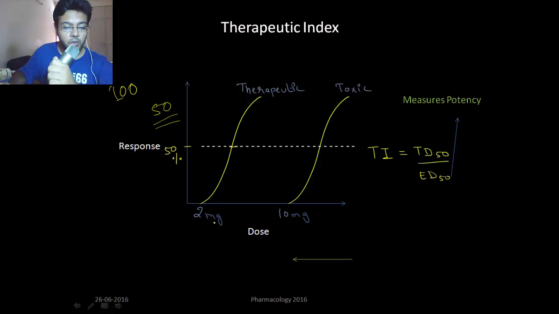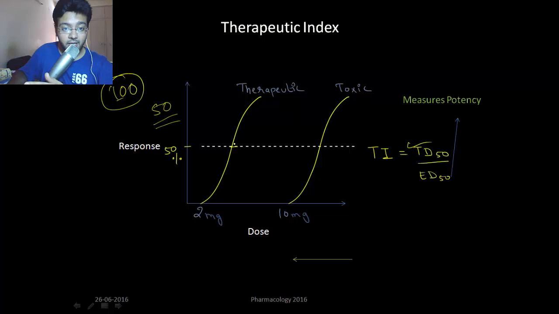That means at 2 mg, 50% of the population has developed a therapeutic effect. Now once you give 10 milligrams to each of these patients, 50% of the patients develop a toxic effect of the drug. We call it the toxic dose, 50% of patients.